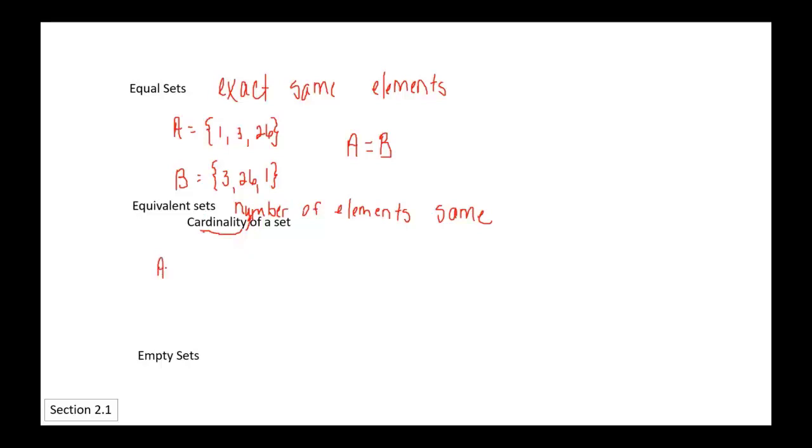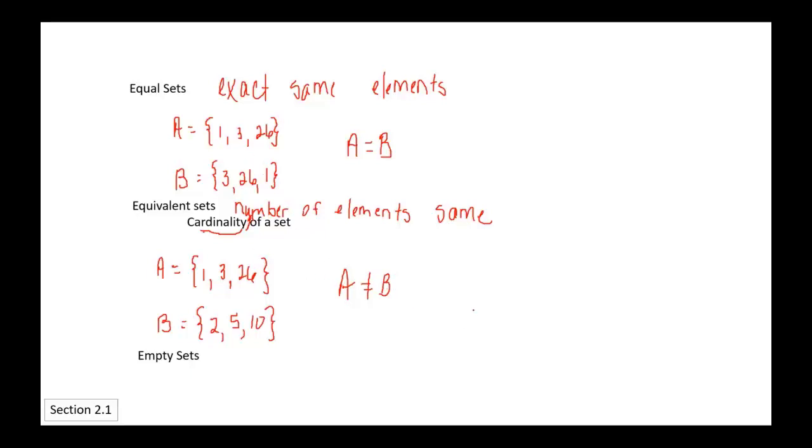So if set A has 1, 3, and 26, and set B has 2, 5, and 10, now A does not equal B because they are not the same.